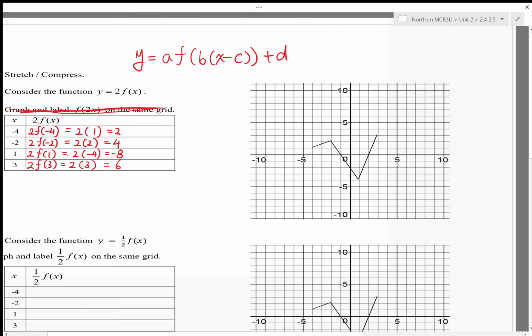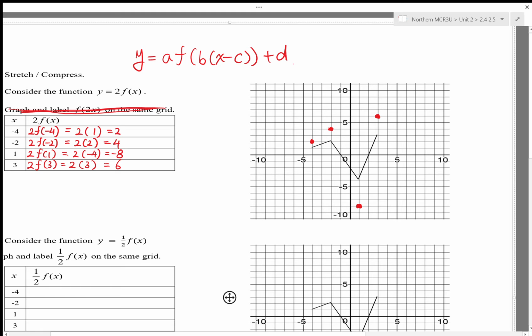When x is negative 4, my y is 2, so it's right there. When x is negative 2, y is 4, so it is right there. And x equals 1 gives me negative 8, so it's all the way down here, and then 3 gives me 6, so it gives me there.